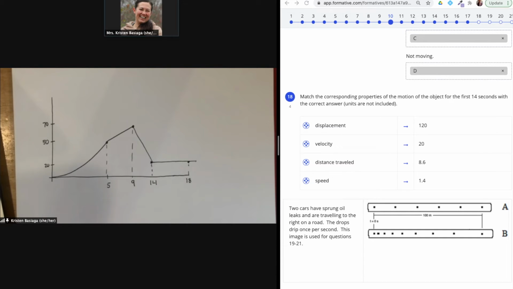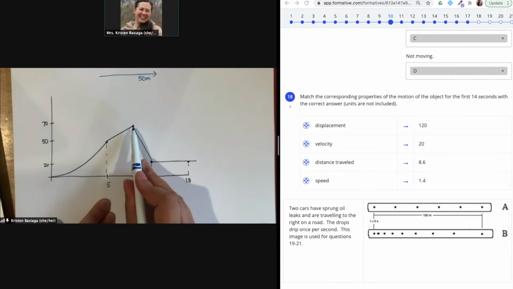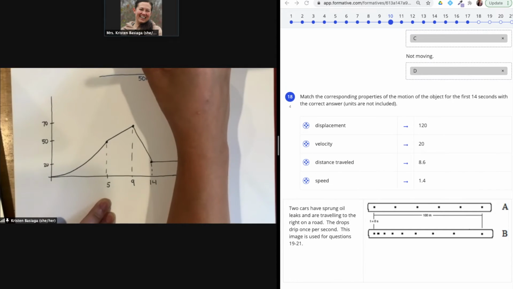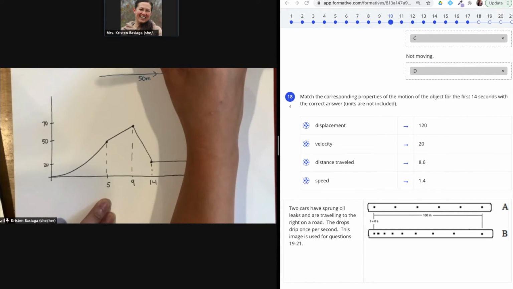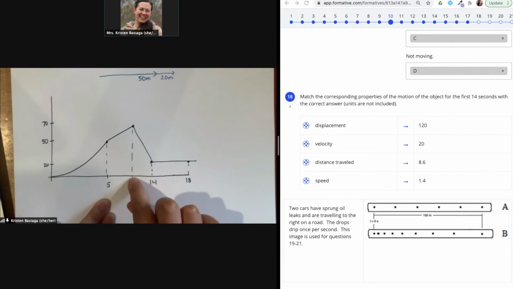So in section A, this object walks 50 meters forward in position in 5 seconds. So I'm going to draw this out. In section B, they walk from 50 meters to 70 meters. So in section B, they walk another 20 meters forward in 4 seconds.